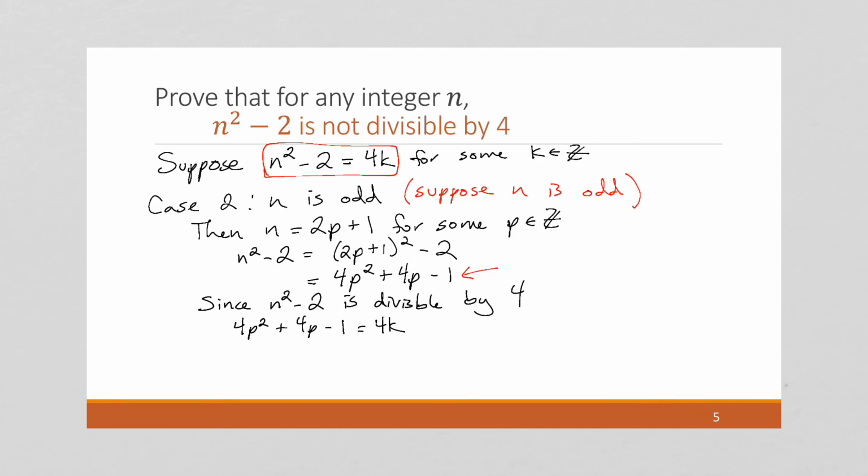Okay, so this equals 4k. I'm going to play with this like I did before. I'm going to move the 4k over by subtracting it from both sides. And then I'm going to move the 1 over.